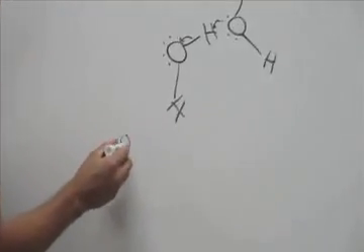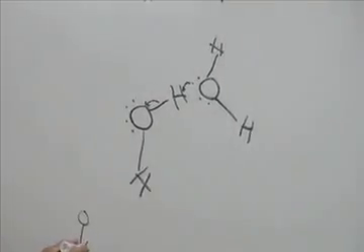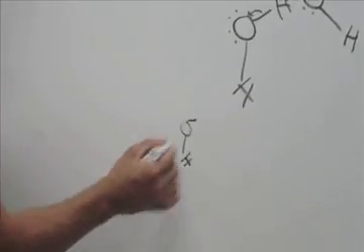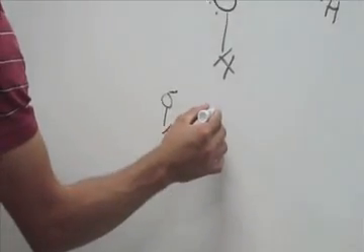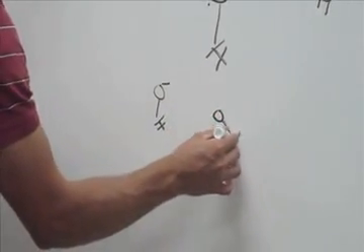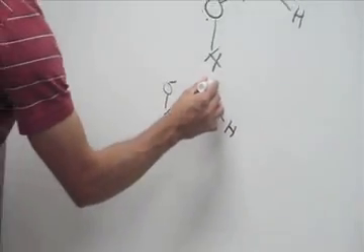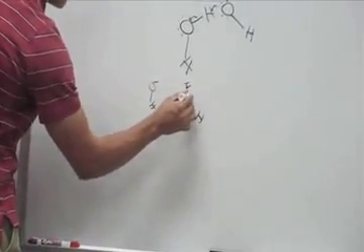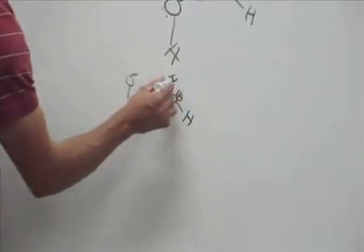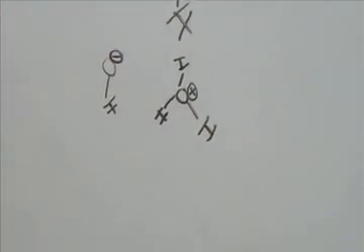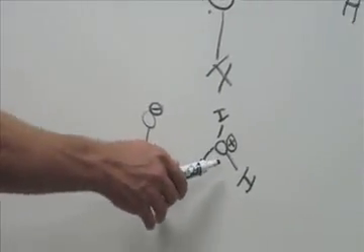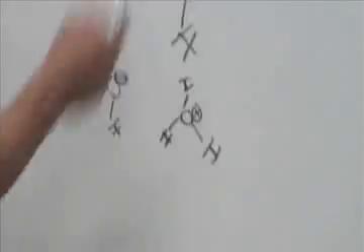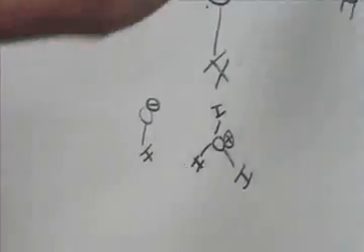We would have this molecule here, which would be negative, and this molecule here, which would be positive. See the resemblance? This is the acid, hydronium, and this is OH minus, hydroxide.